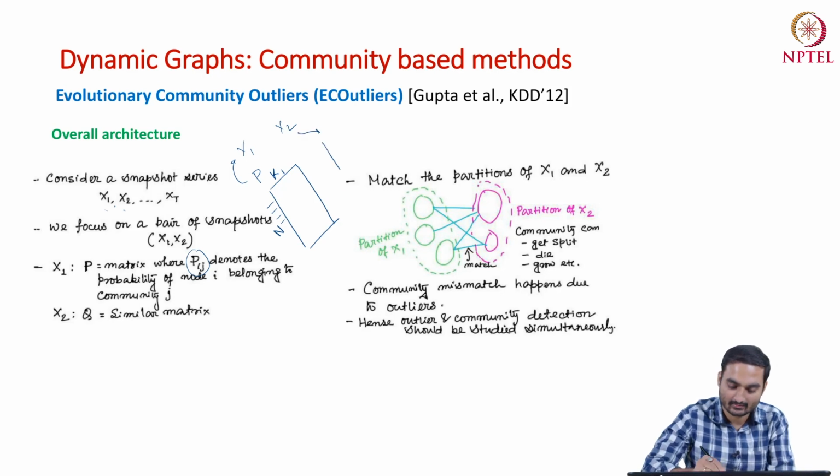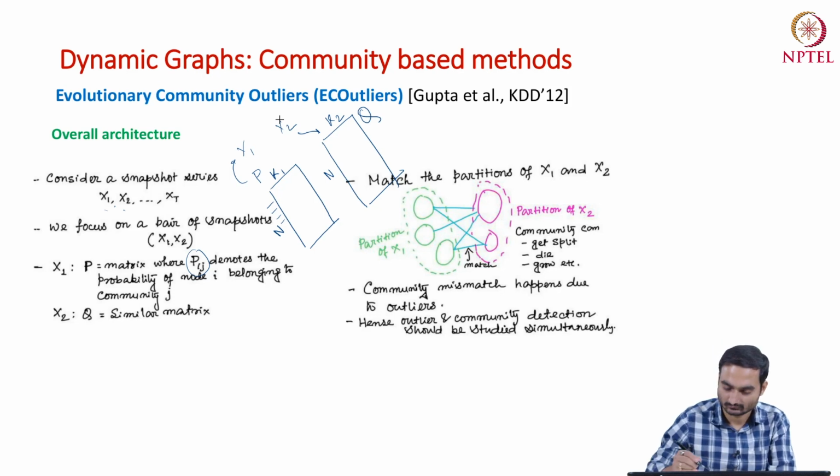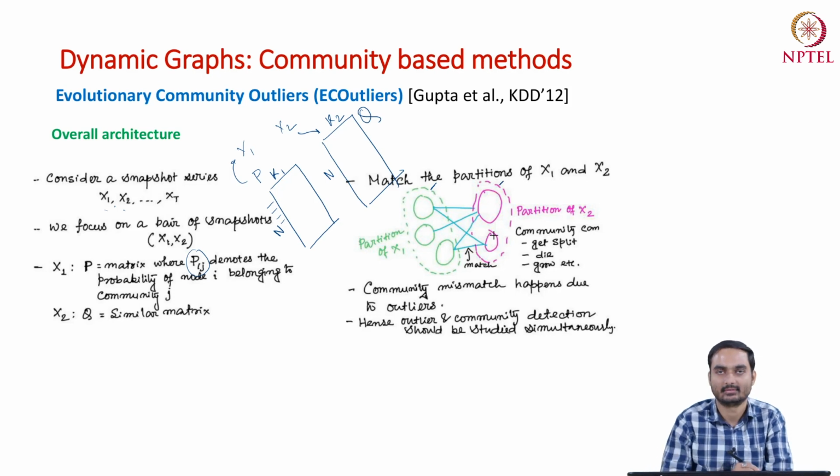Similarly, we have another matrix Q, which is an n cross K2 matrix. K2 is the number of communities at timestamp X2. You see here, if this is X1, there are 3 communities, so K1 is 3. If this is X2, then you have 2 communities.